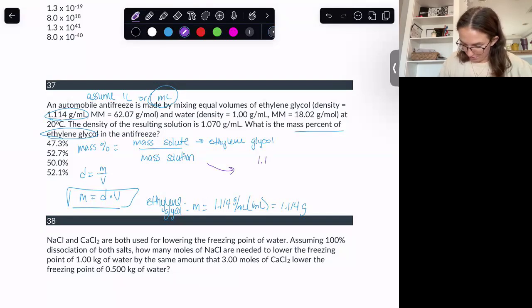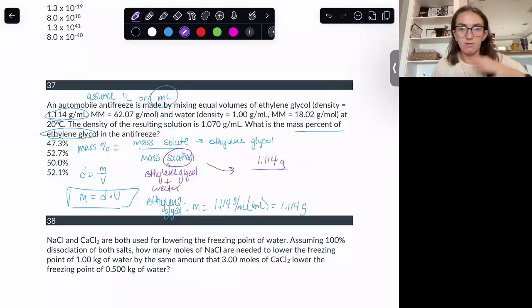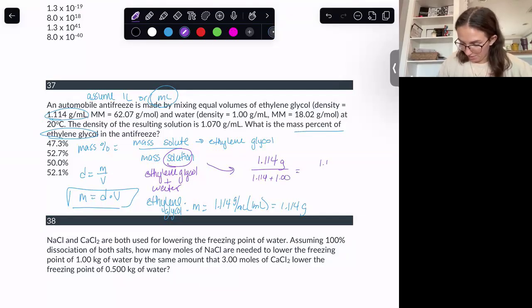Our mass of solution is ethylene glycol plus water. We do the same math for water as we did for ethylene glycol, so that's going to be 1.114 plus 1, so we have 1.114 over 2.114. Then we're going to multiply this by 100 to get the percent. So what did we get for an answer when we do that?